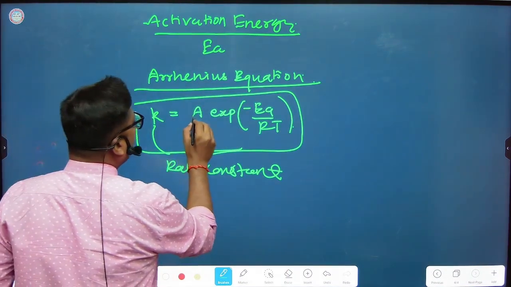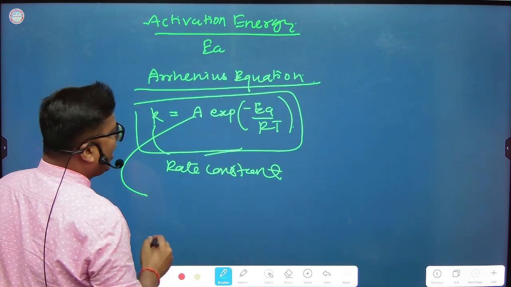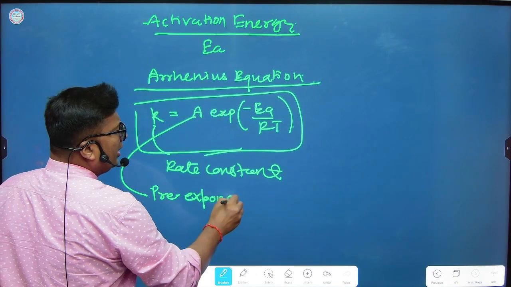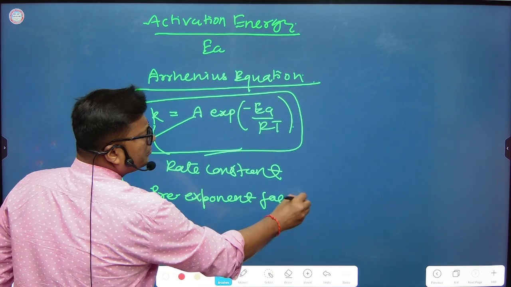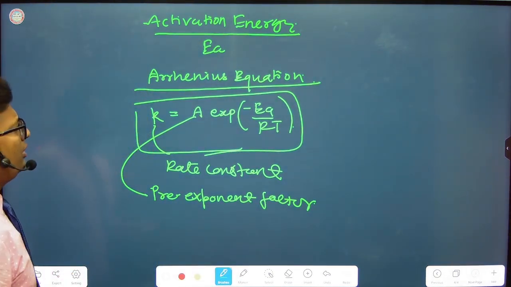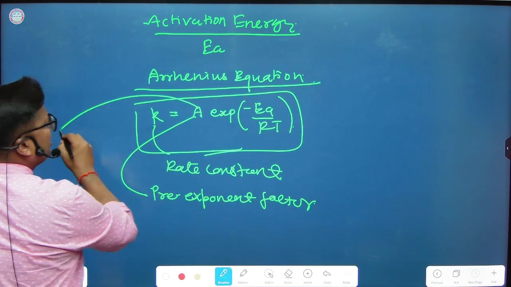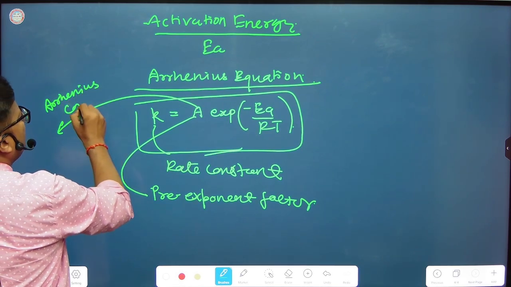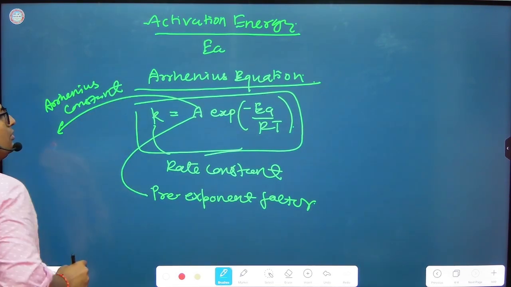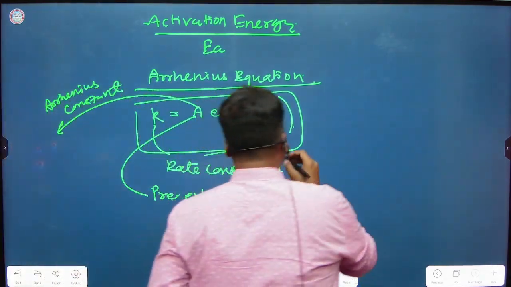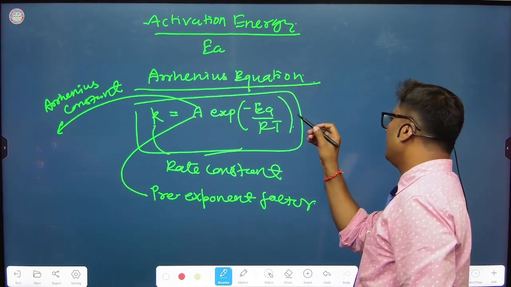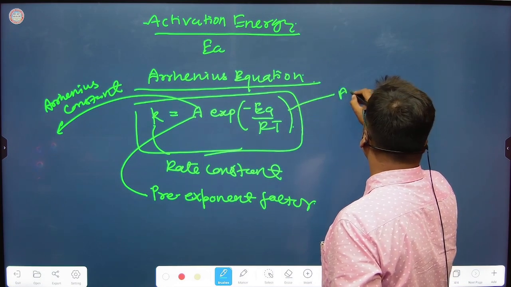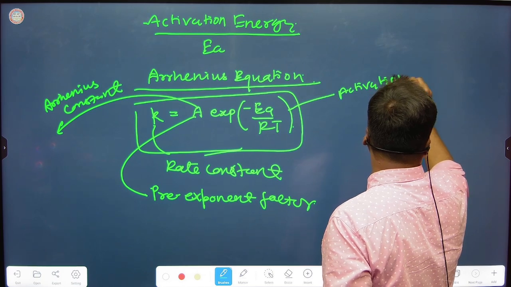And this is the pre-exponential factor, also called the Arrhenius constant, right? Now another term is EA. In the previous part I have explained EA. So this is the activation energy of a reaction.